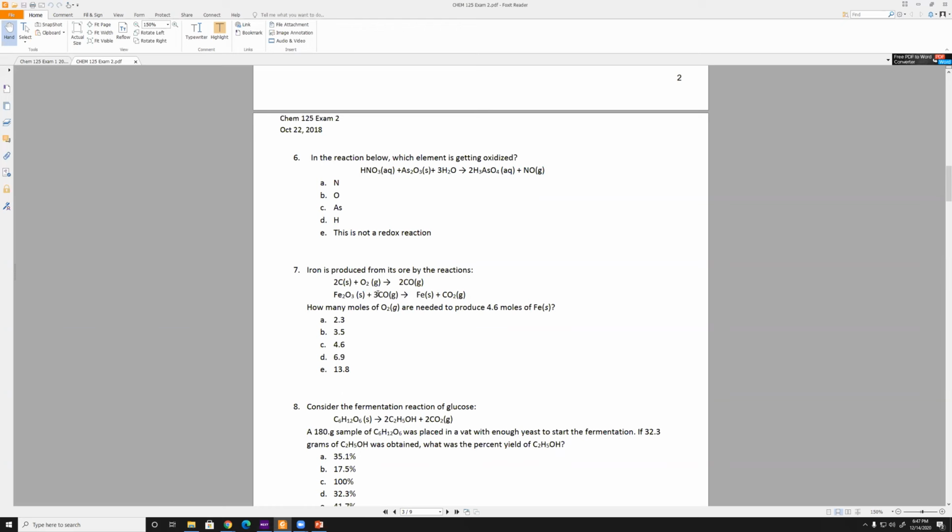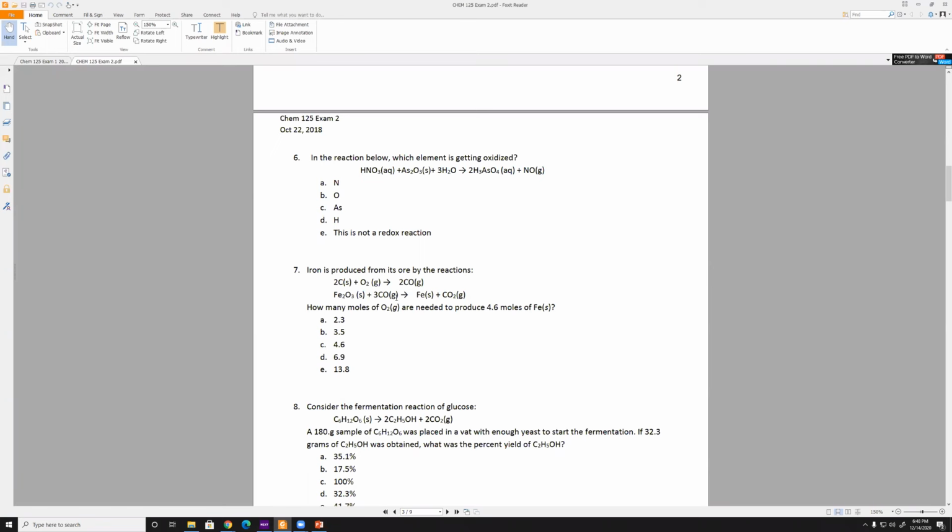So we do 4.6, which is the amount of Fe, and multiply that by 3, and we get 13.8. So now we know that 4.6 moles of Fe is produced by 13.8 moles of CO.